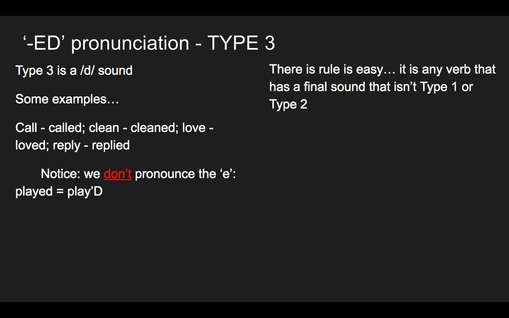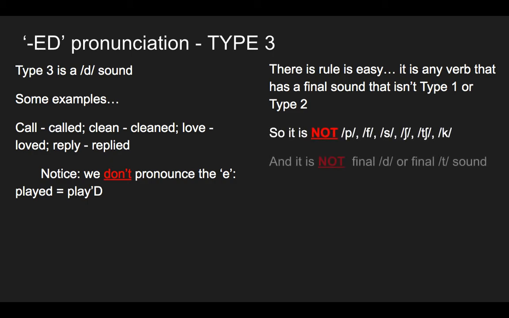Of course, this rule is easy because it's any verb that isn't type 1 or type 2. So it's not p, f, s, sh, ch, or k. So it's not help, laugh, dance, wash, watch, walk. And not d or t. So not need or want or admit. It's any sound that isn't those.